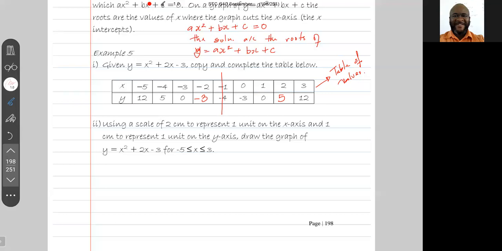To the left, I'm going to have minus 3, 0, 5, 12. So I'm expecting them to be the same. I'm expecting the missing value of y on the right to be 5, and the missing value of y on the left to be minus 3. Guys, I'm pausing for a second.